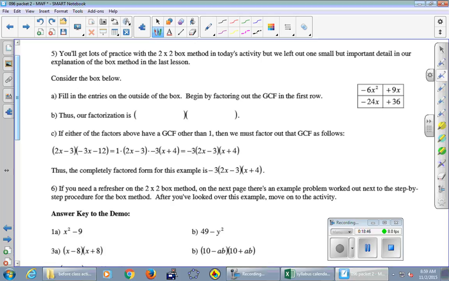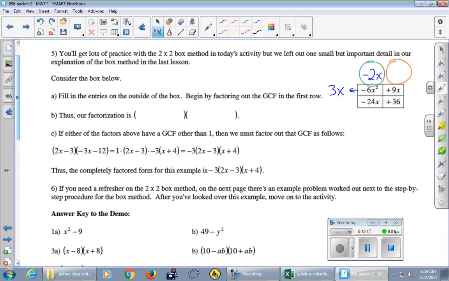So what's the greatest common factor of the first row? 3 and also x. Okay, that's fine. And then once we know the first row, everything else is fixed. So let's go right up here. We know 3x times whatever goes in that circle is supposed to be the minus 6x squared. So what goes in the circle? Negative 2x, that's fine. And that will go up there.